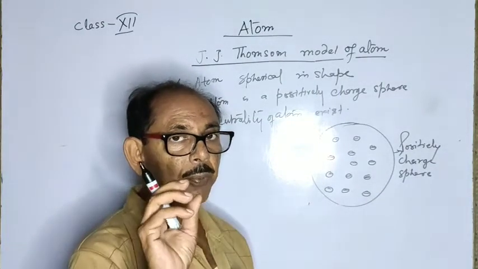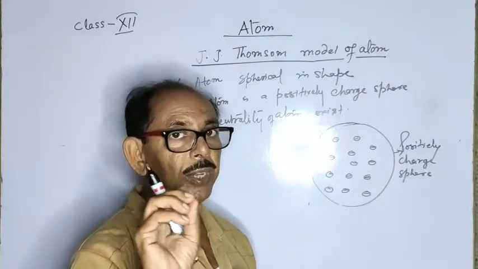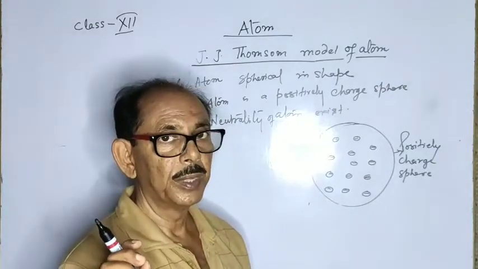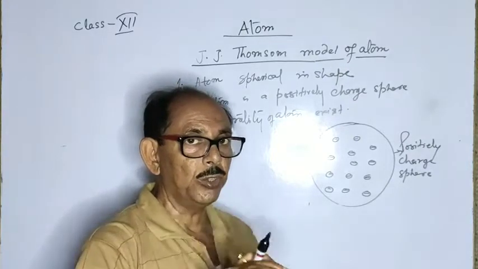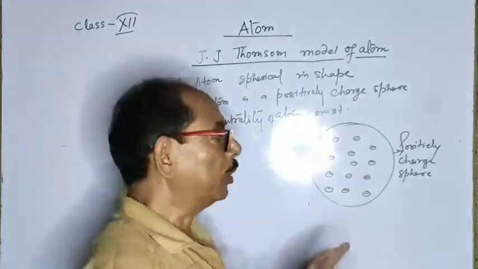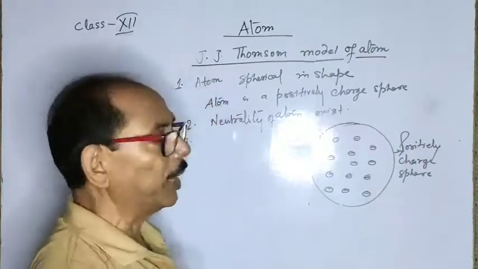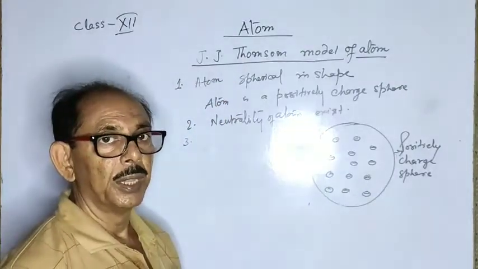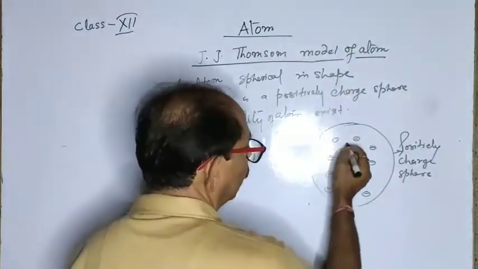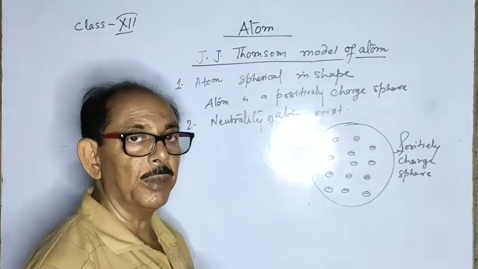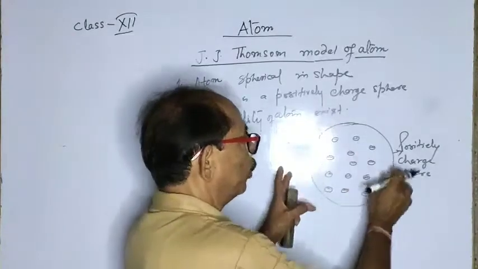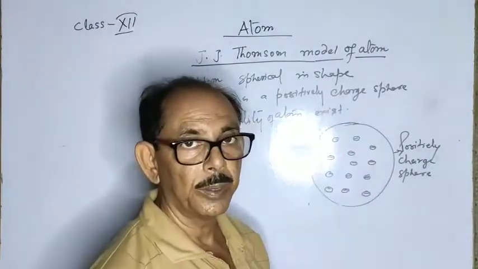It is a dry fruit, grapes with seeds embedded. यह एक फ्रूट है ग्रेप की तरह का जिसके अंदर सीड जिस तरह एम्बेडेड होता है, ठीक उसी तरह इन्होंने माना कि प्लम जो होते हैं, दैट मीन्स द नेगेटिवली चार्ज पार्टिकल्स आर एम्बेडेड इन पुडिंग, दैट मीन्स द पॉजिटिवली चार्ज स्फीयर.